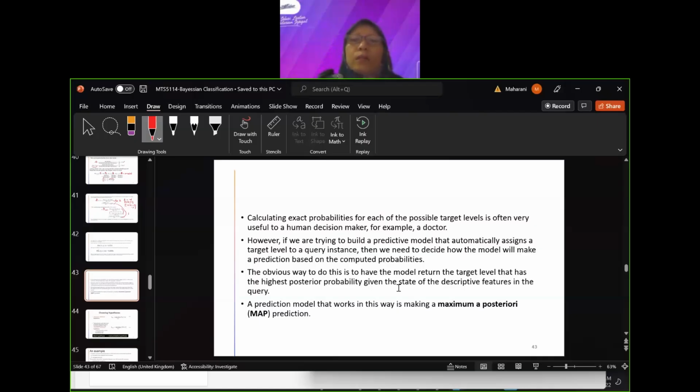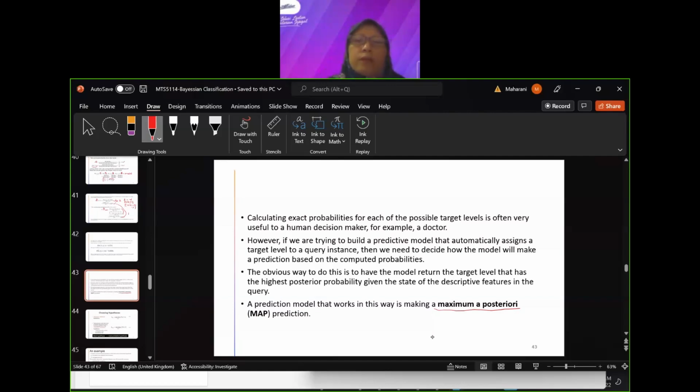And how to do it? How to get the highest posterior probability is by computing the maximum a posteriori, called the MAP. So we want to maximize the probability of the target value.